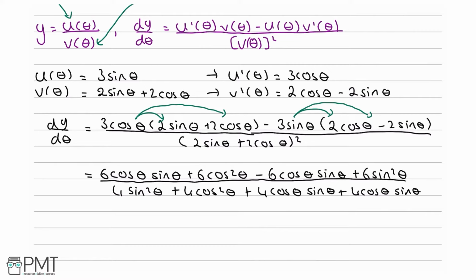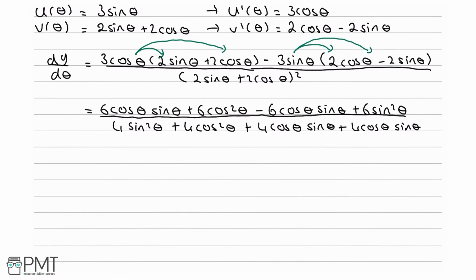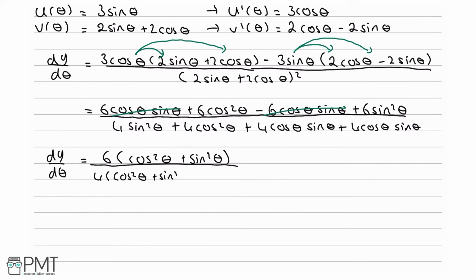Okay then. So the next step is to see what we can cancel out. The first thing we're going to cancel out is 6 cosine theta sine theta and minus 6 cosine theta sine theta. This means we are left with dy by d theta equals 6 times cosine squared theta plus sine squared theta, all over 4 times cosine squared theta plus sine squared theta, and then 4 cosine theta sine theta plus 4 cosine theta sine theta is plus 8 cosine theta sine theta.